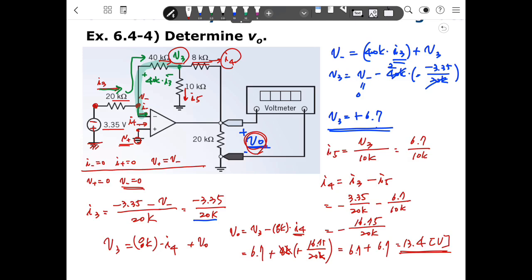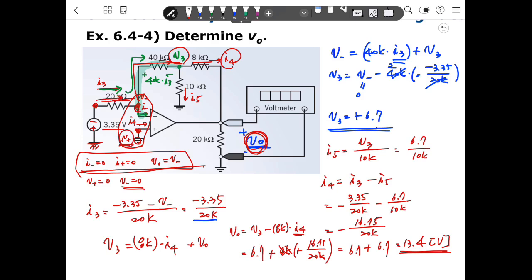So it's very simple. It looks complicated, but you have the op-amp, then you define the variables here and write these equations. From here, you can get the variables from the node points and go step by step until you get the out voltage.